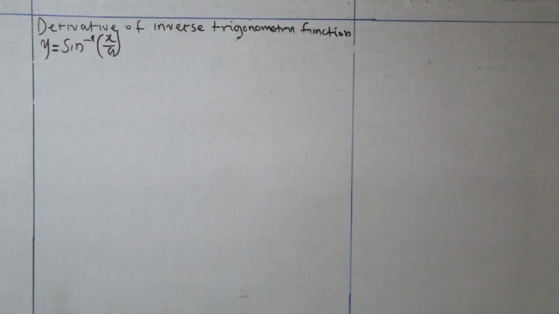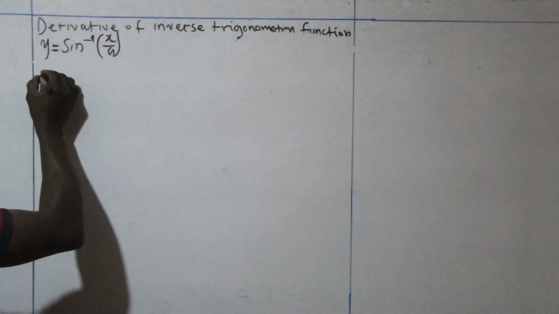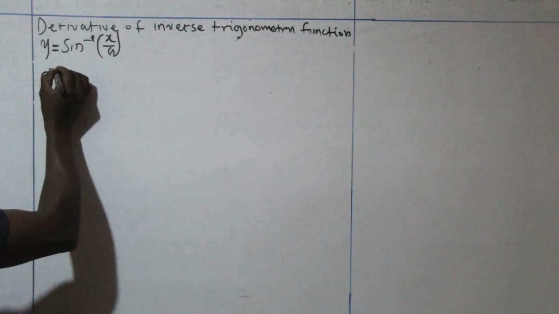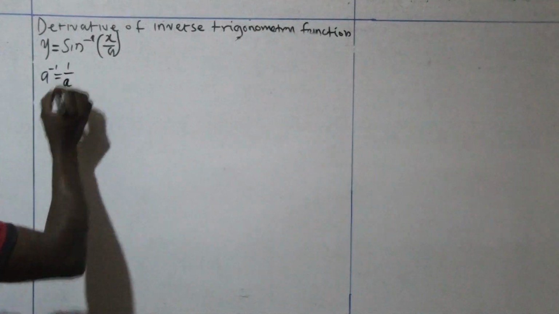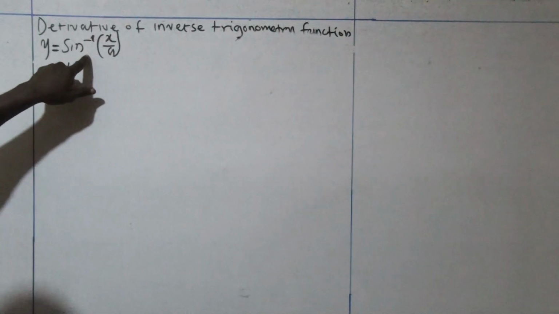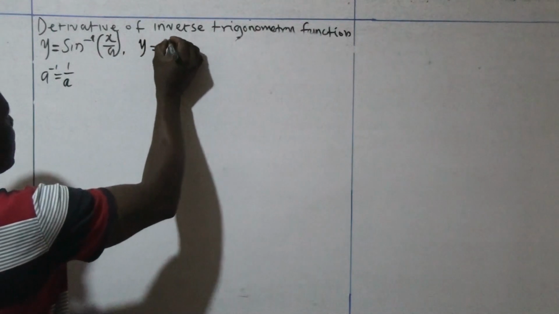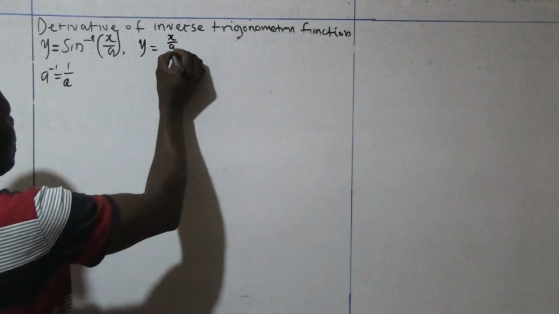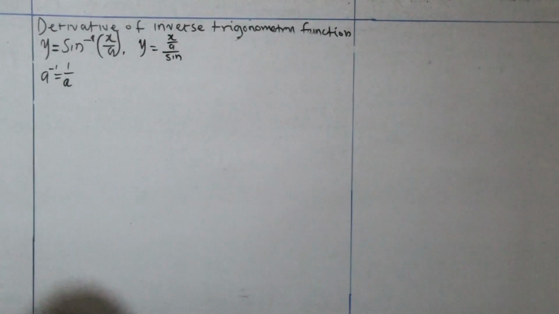We're going to use some identities from trigonometry to establish these facts. First, from indices we have a raised to the power minus 1 is equal to 1 over a. So y can be written as x over a, all over sine inverse.